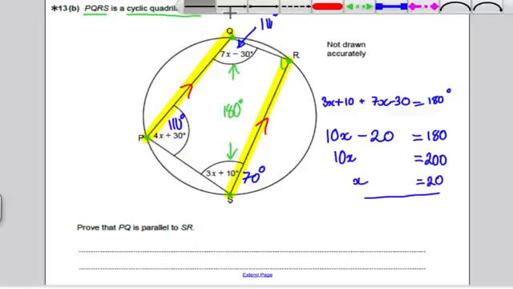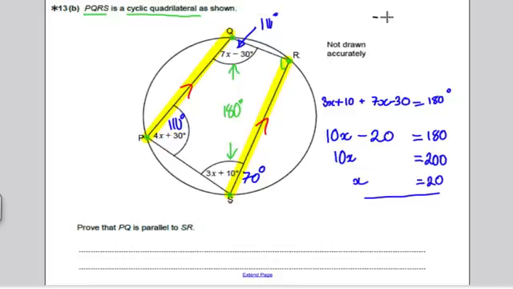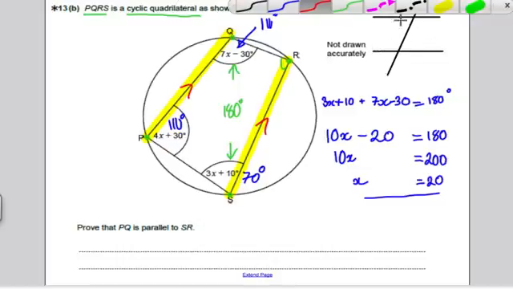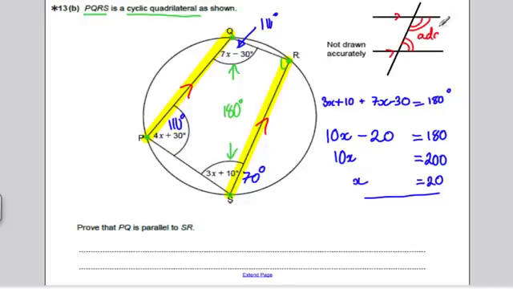Now, remember there's a rule about angles between parallel lines. If you've got two parallel lines, here and here, then interior angles, or C angles, add to 180. So if the lines are parallel, the two interior angles add to 180.